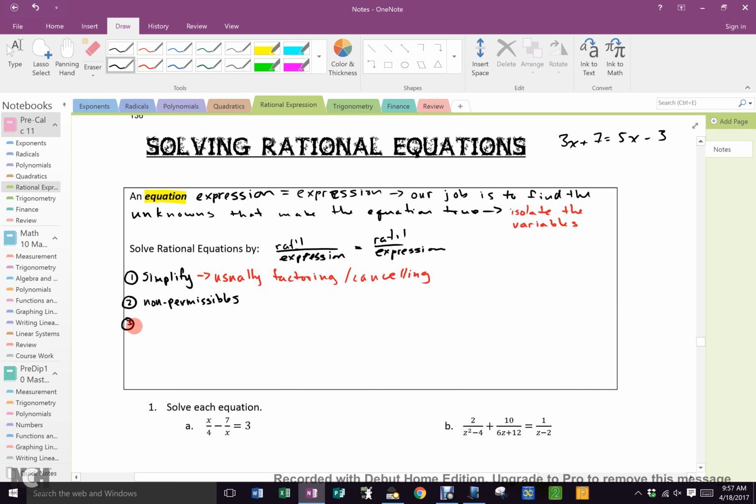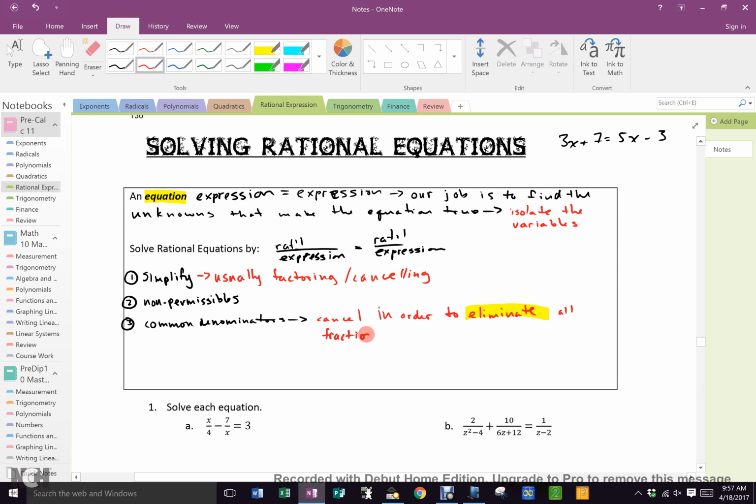Okay? At number 3, we are going to find our common denominators. And our goal here is to cancel any of them in order to eliminate, please highlight eliminate, all fractions.